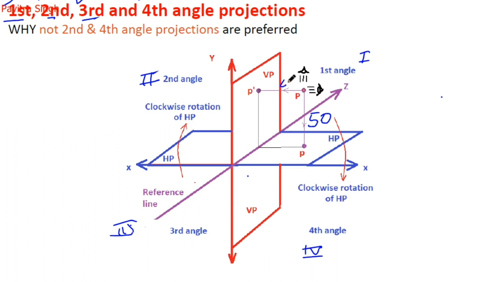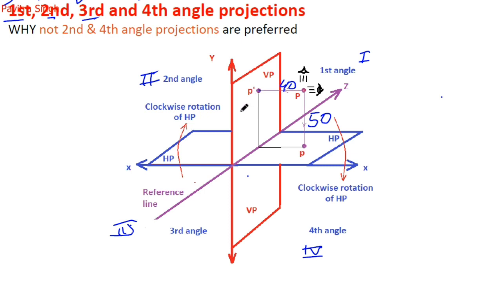And this point P is at some distance from the vertical plane. Suppose this is 40. So this point is located between the vertical plane and the horizontal plane, at a distance of 50 from the horizontal plane and 40 from the vertical plane.